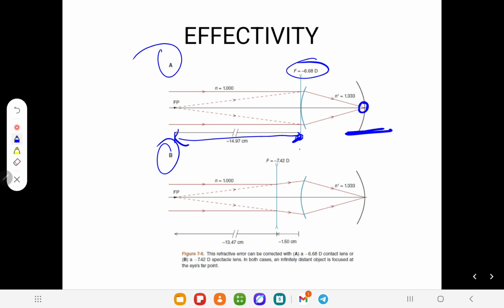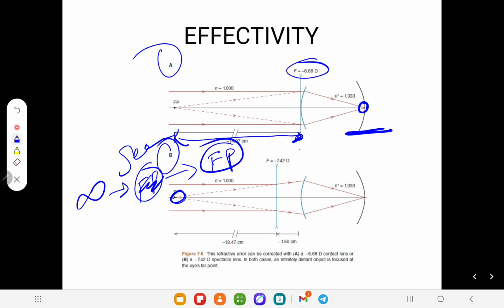Because now this lens has the responsibility to focus at this point, because we know for subjective refraction, infinity, far point, the secondary focal point must coincide with the far point.